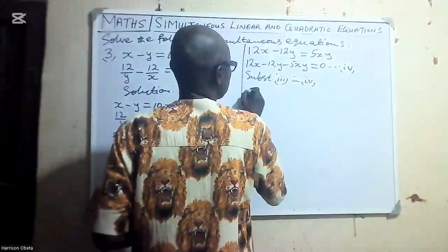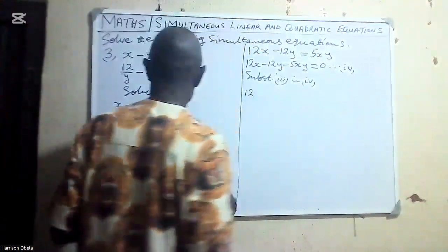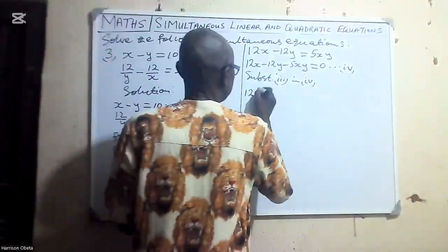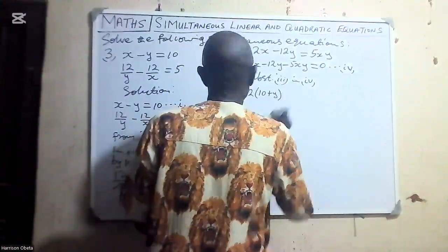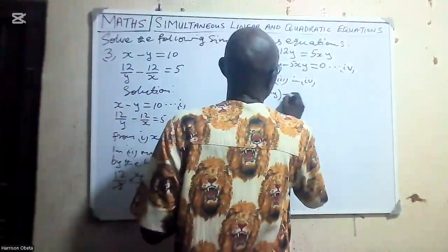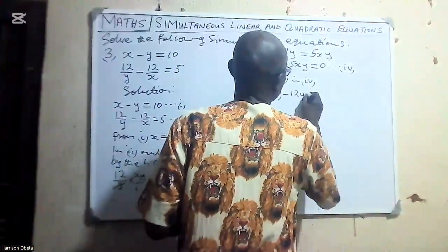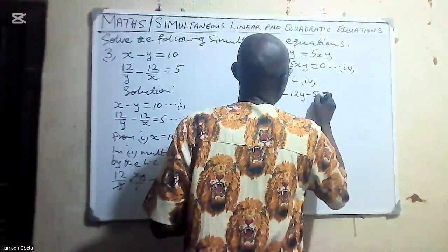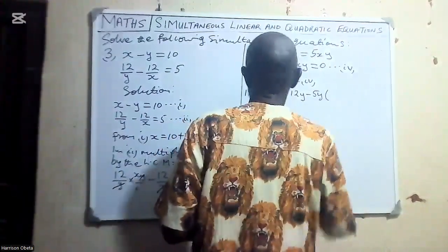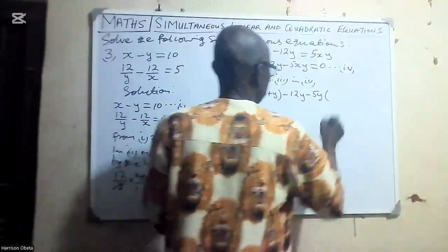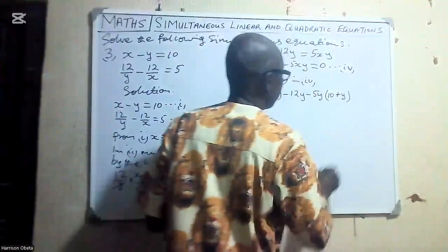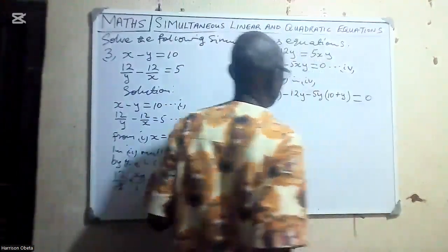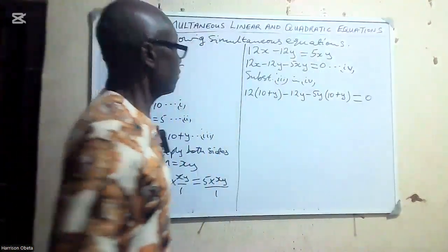That would be 12 brackets 10 plus y minus 12y minus 5y brackets 10 plus y is equal to 0. Then we simplify further.